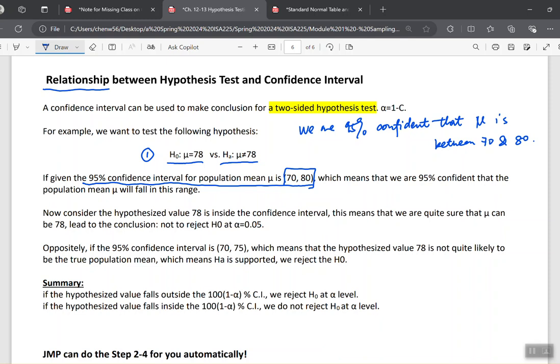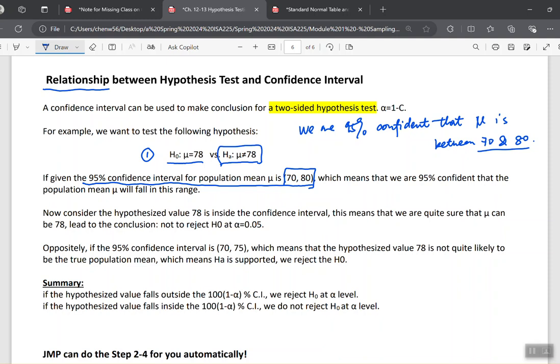Okay, now think about this hypothesis. What do we want to test? I just want to test whether the population mean is 78 or not 78. It can be 78 or it cannot be 78. Now, based on this confidence interval, can it be 78? Can the mu be 78 or not?